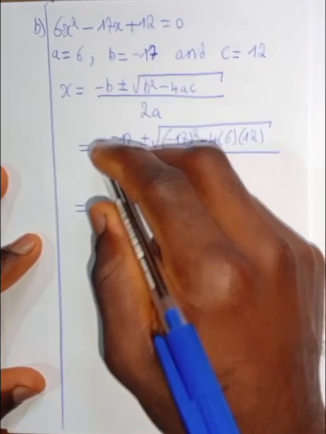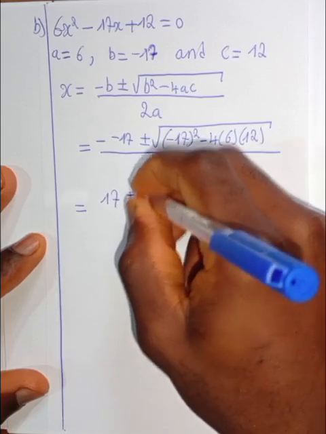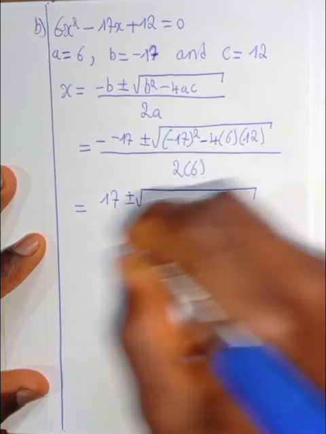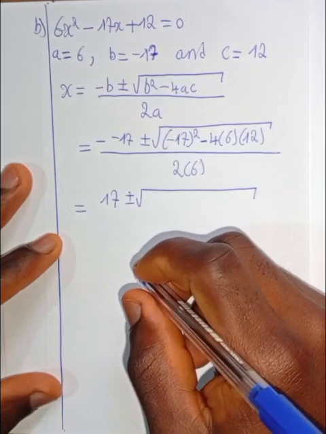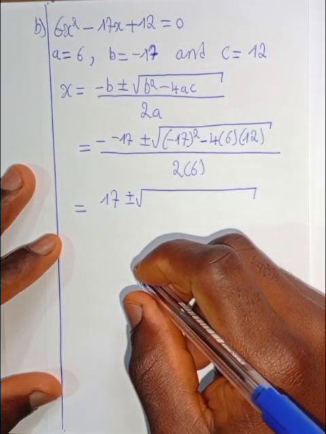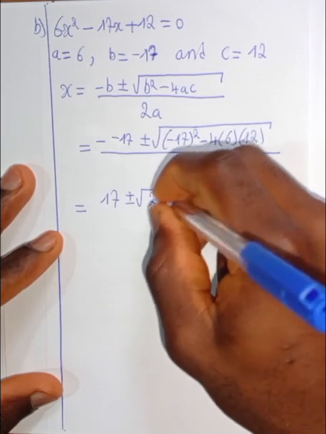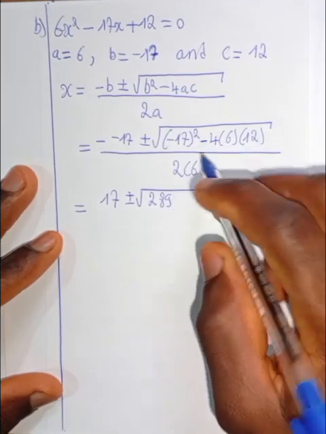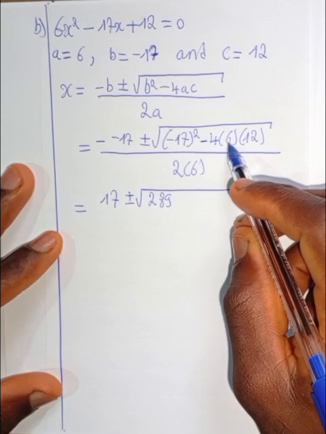This will simply be equal to negative, gives us positive 17 plus or minus the square root of negative 17 squared, which is negative 17 times negative 17, which gives us 289. Negative 4 times 6 gives us negative 24.